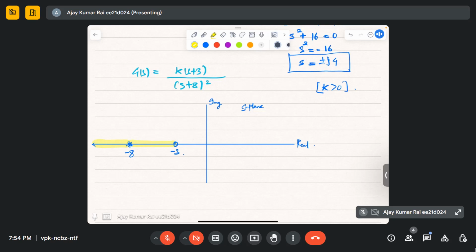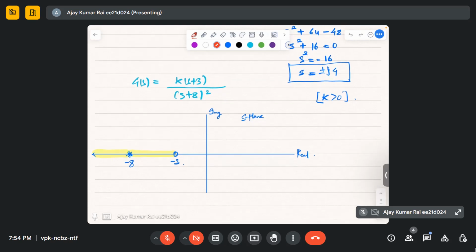After minus 3, root locus is not there, because if I take a test point there and look to the right, I don't have any poles and zeros. So the highlighted portion is where the root locus exists.